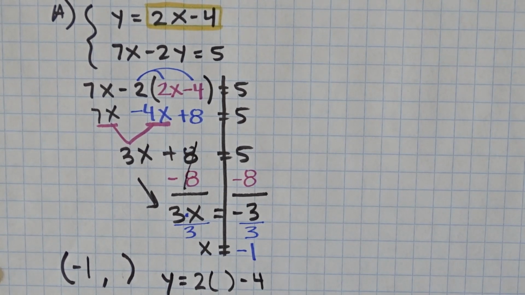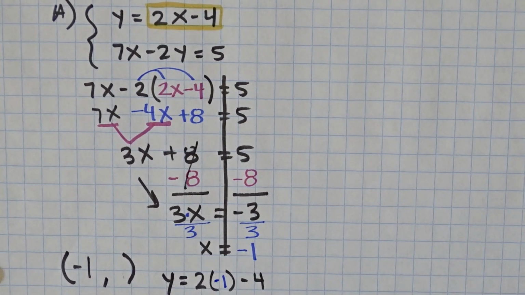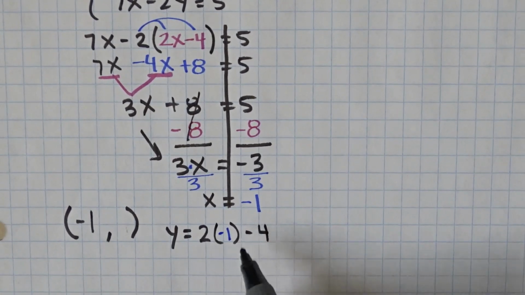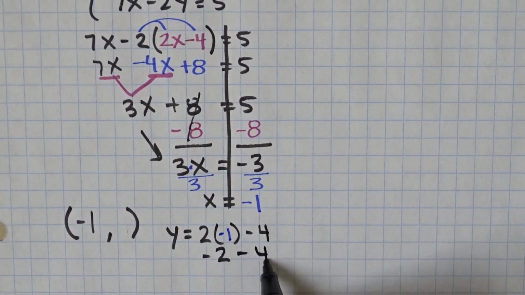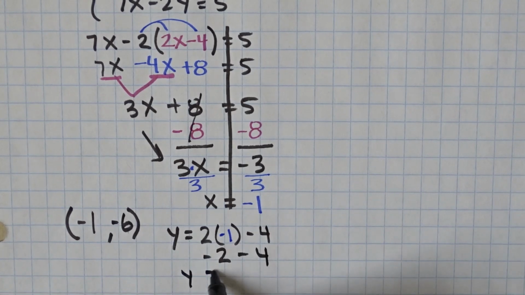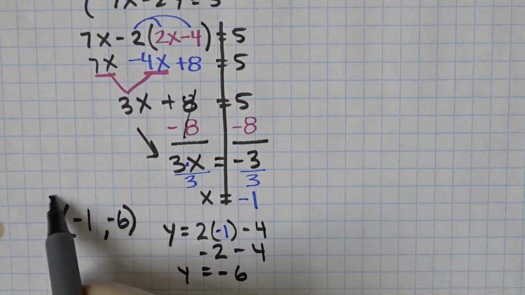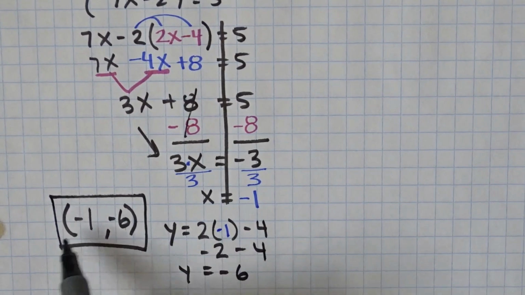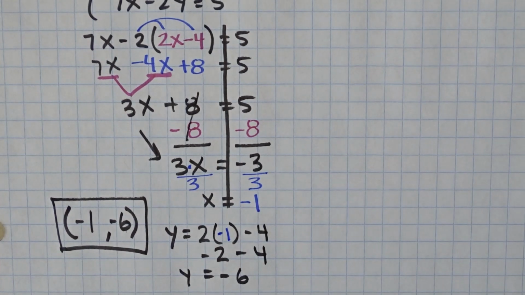We just did the math and we found that x was negative 1. So now my solution is going to be 2 times negative 1 is negative 2, minus 4, that's negative 6. y equals negative 6. So this is my solution, the point where those two lines intersect. Right, so let's do one more.